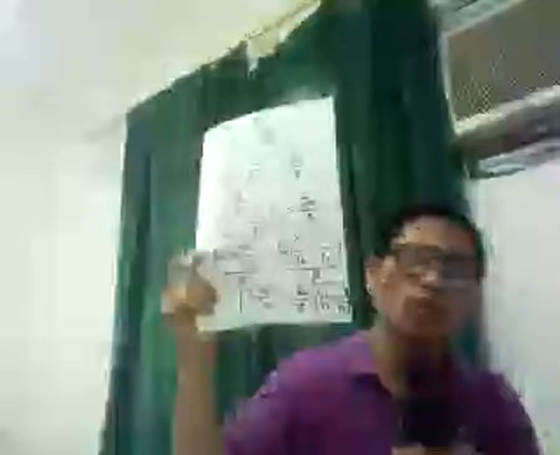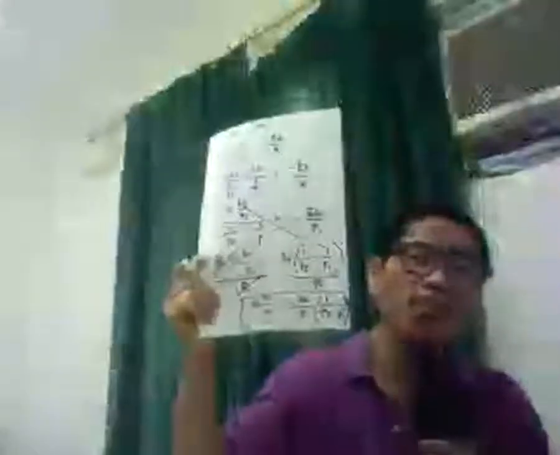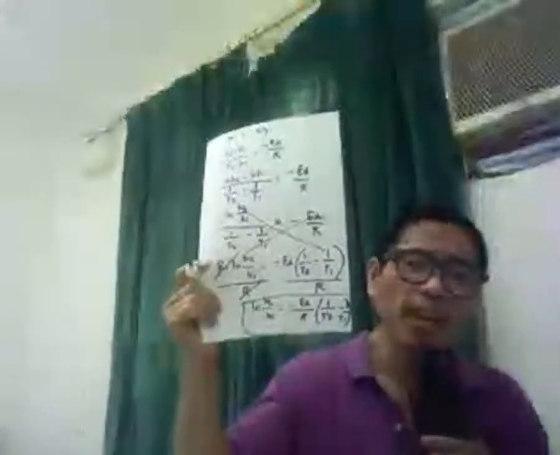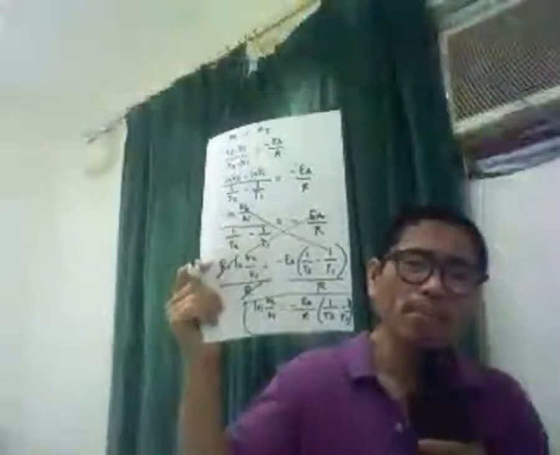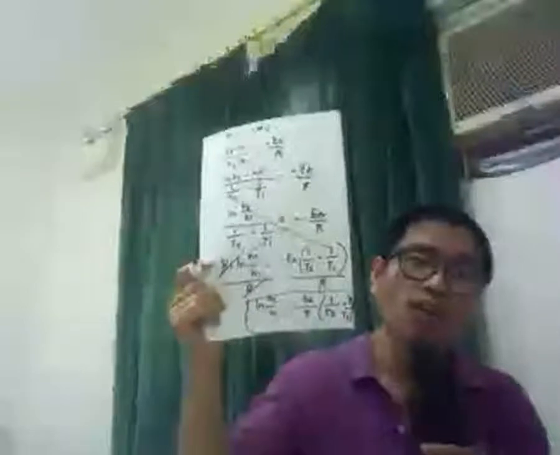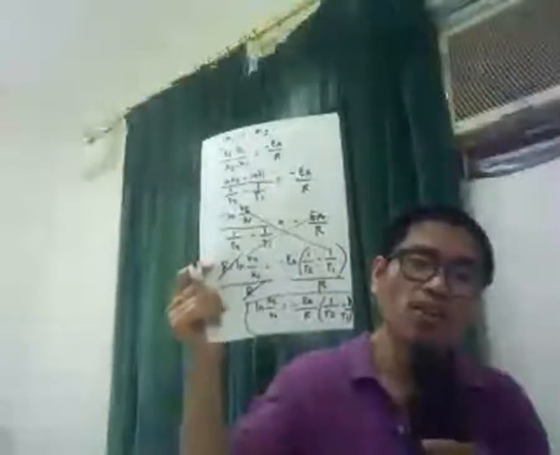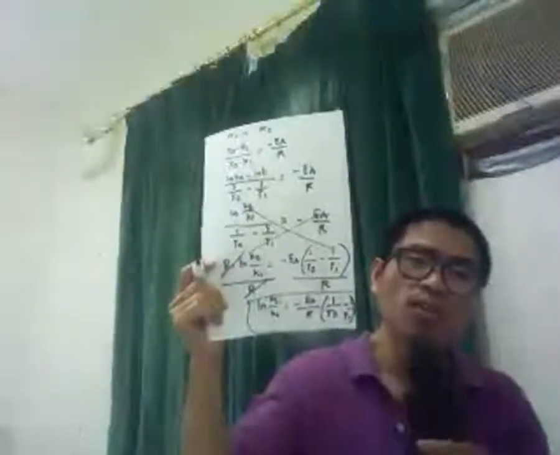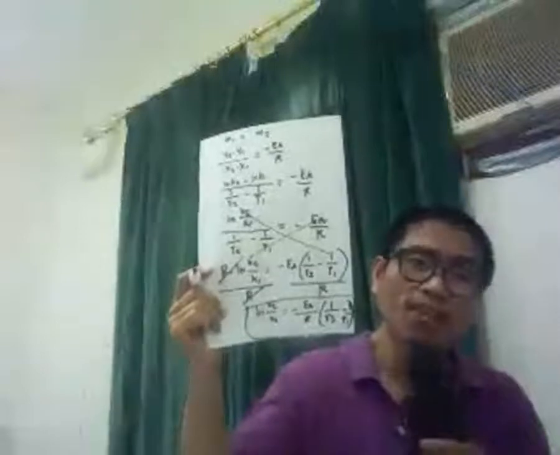Rather than you will derive, or rather than substituting, the tendency here, class, if you try to substitute one by one here, there's still a lot of variables. So sometimes you will be messed up unless you are really a mathematics lover or a genius, a mathematician. Good in mathematics, then you will never be confused.